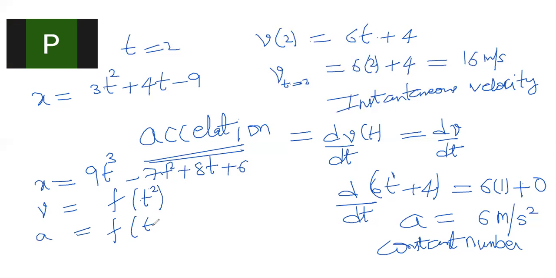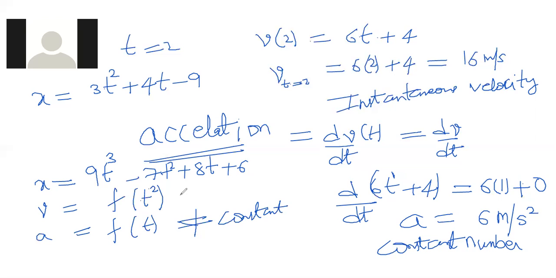It will be a function of time, or not? That means this is not a constant. Acceleration is not a constant. Did you observe this? A function of time is not constant.